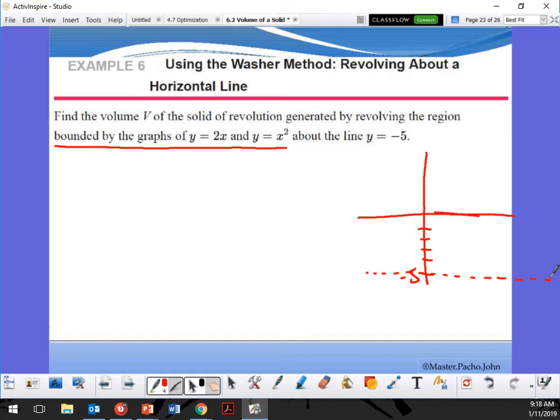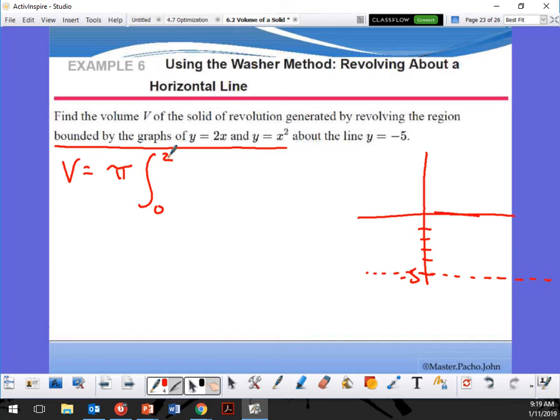So where are these two going to intersect? At 0 and 2, so it's going to be from 0 to 2. So the volume equals pi times the integral from 0 to 2. I just did the same problem previously, with the same functions.